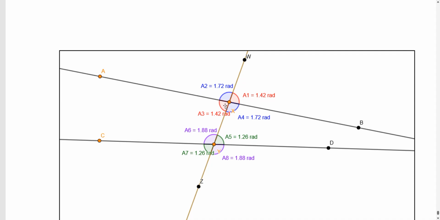It intersects line AB at X, intersects line CD at Y. We want X to be between A and B. We want Y to be between C and D. We want A and C on the same side of the transversal, B and D on this side, and we'll put W out here so that it's on this side of this line and Z out here. So we have the betweenness relationship W-X-Y-Z.